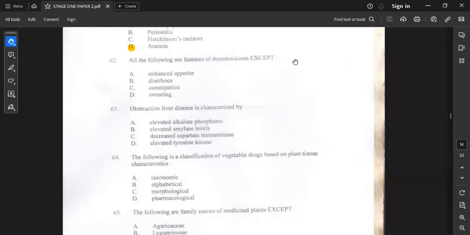That is for primary hyperthyroidism. Then we have functioning thyroid carcinoma metastasis, activating mutation of the TSH receptor, and activating mutation of GS alpha, that is McCune-Albright syndrome.